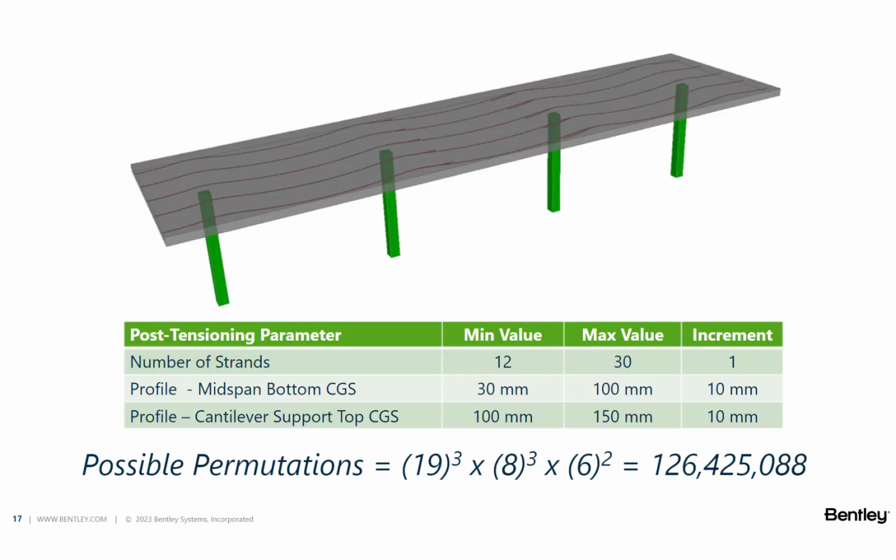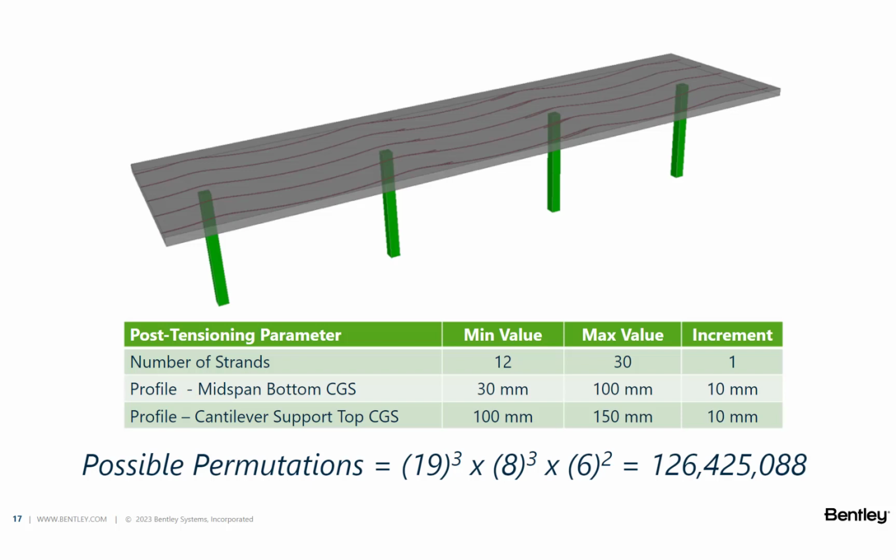Let's start by looking at a very simple example consisting of 3 spans, 2 cantilevers, with variable low point profiles in each span and variable high point profiles at the cantilever. One option for finding the most optimal solution is to evaluate all of the different possibilities.